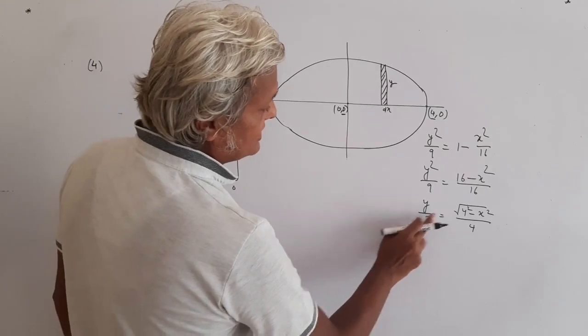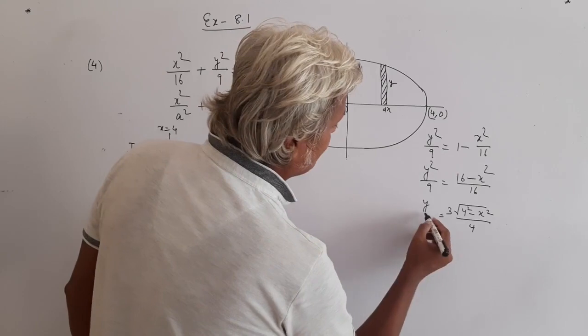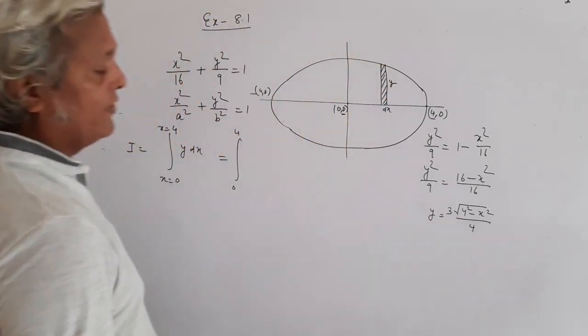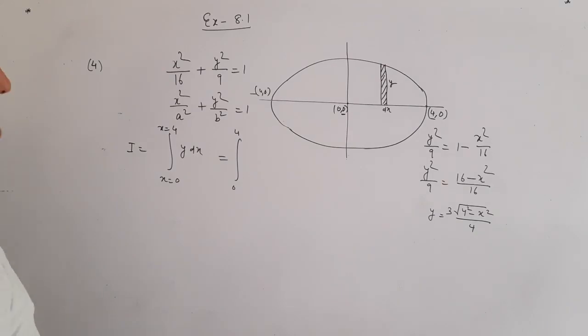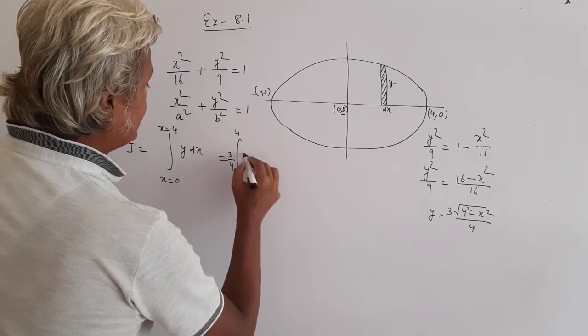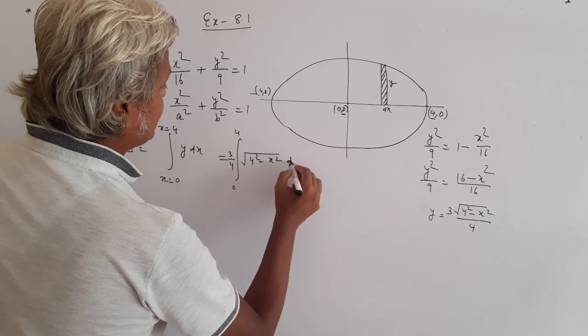Now I transfer this 3 there, and this becomes y equals 3 over 4 under root 4 square minus x square. So 3 by 4 is constant and then under root 4 square minus x square.